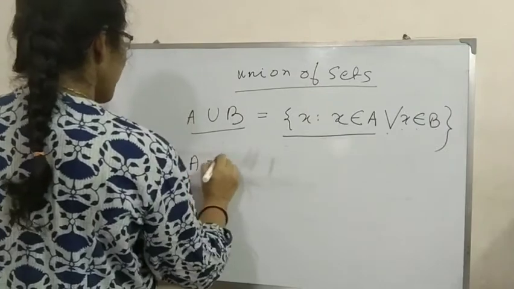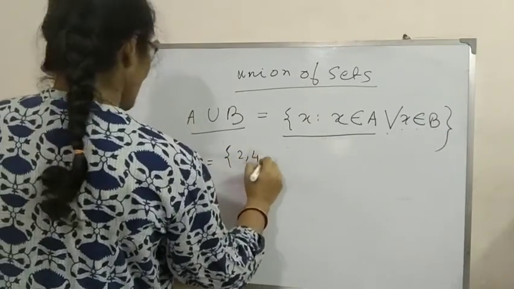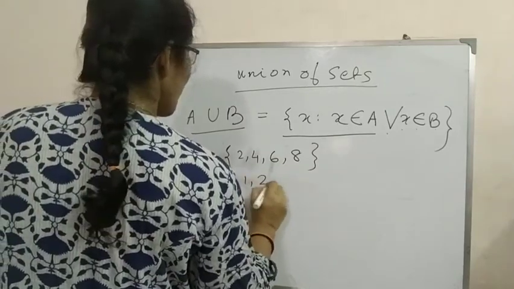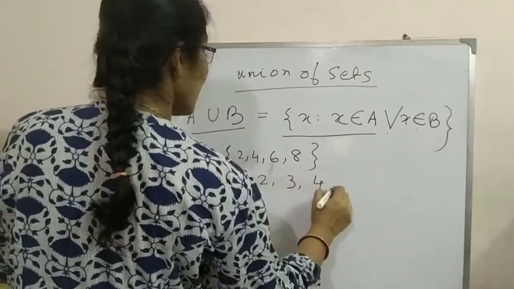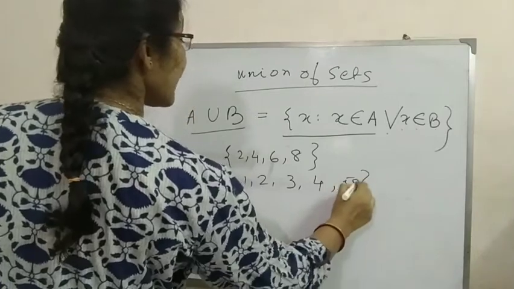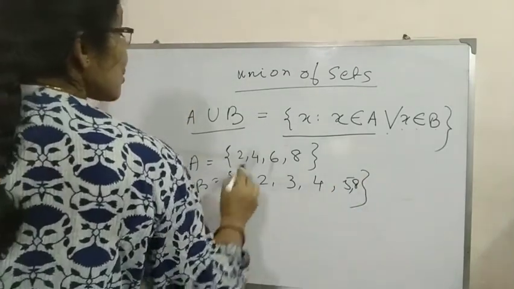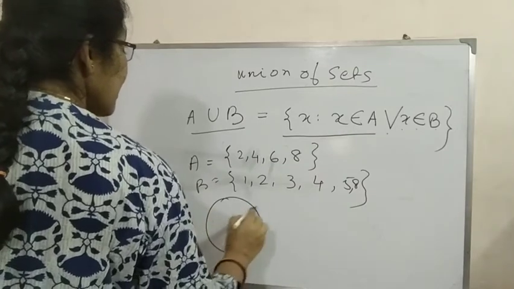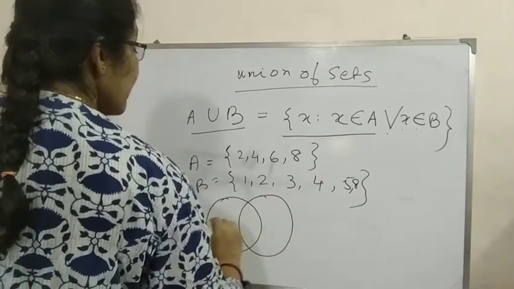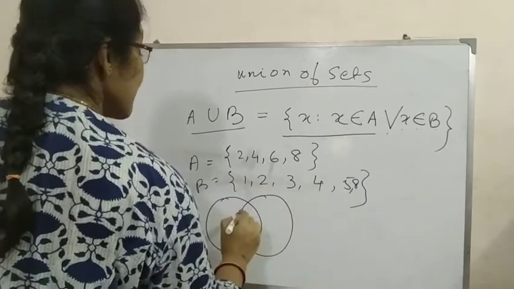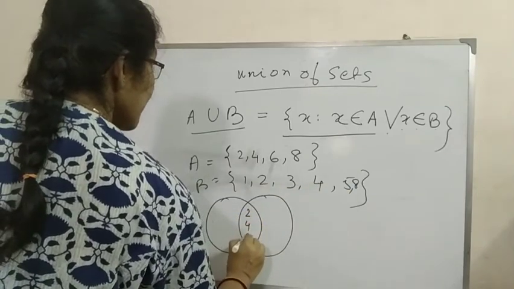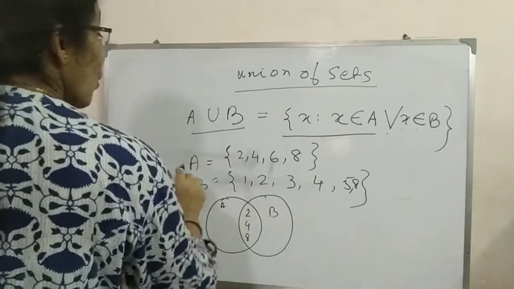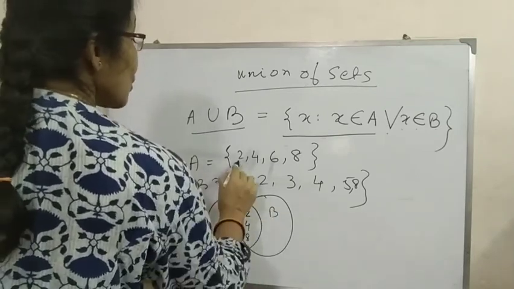For example, A equal to 2, 4, 6, 8 and B equal to 1, 2, 3, 4, 5 and 8. So 2, 4, 6, 8, this is A. What is the common element? 2, 4, 8. This is A and this is B. Only A has 2, 4, 6.